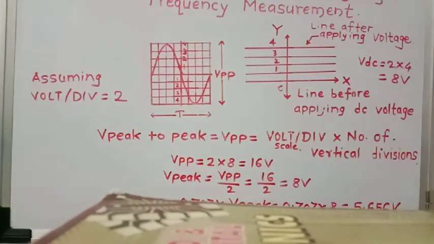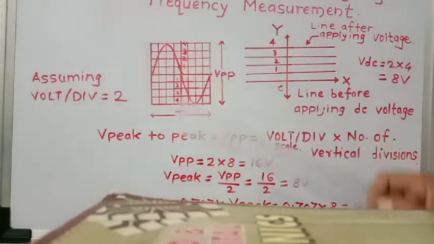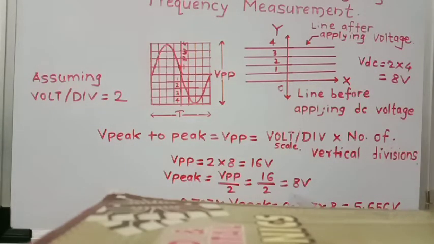Now convert this peak voltage into RMS voltage. So Vrms is equal to 0.707 into Vpeak, that is 0.707 into 8, and it is equal to 5.656 volt. So RMS voltage is the voltage which we measure by a multimeter.